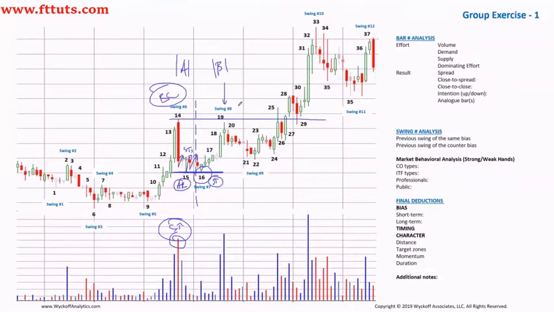Isn't that a secondary test to the upside? You could do that. You could say that this is a test of the buying climax, absolutely. We would be thinking that there's always going to be an attempt to upthrust, right? But it fails because this is a low or high. So we could also label this as failed upthrust.